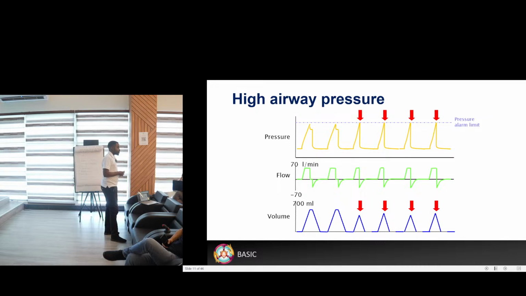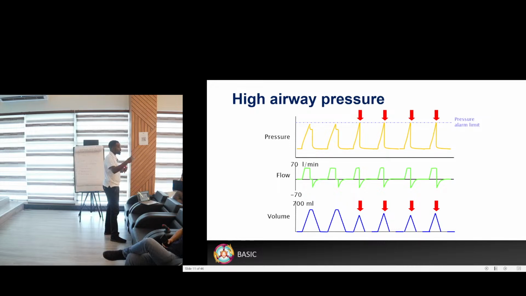Now, supposedly you are using a pressure mode. If you are using a pressure mode, it means that you have already set a pressure limit. Remember, you have set it to use 15 centimeters of water to deliver a certain tidal volume. In the beginning, this 15 centimeters of water was delivering about 400 mL.